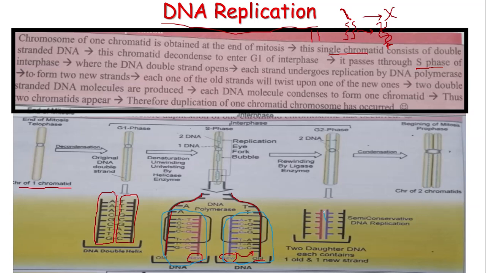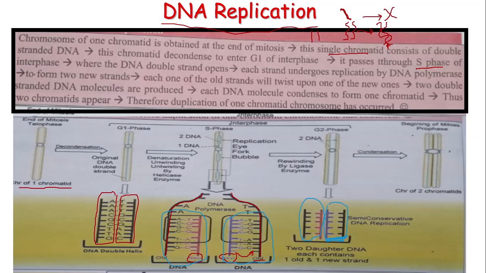This is the first chromatid, which is made up of double helix, double stranded DNA, and this is the other chromatid which is also made up of double stranded DNA. Each double strand, this double strand is made up of a new strand, هيدي violet, new strand, and an old strand.